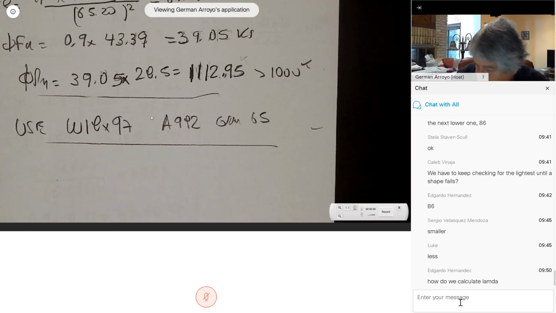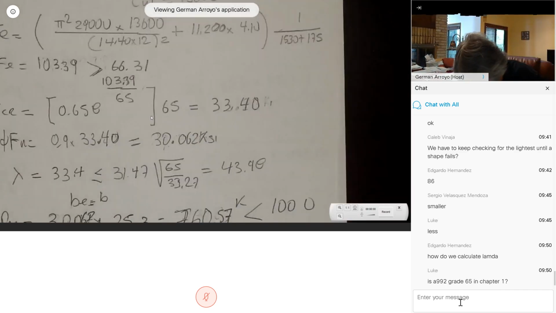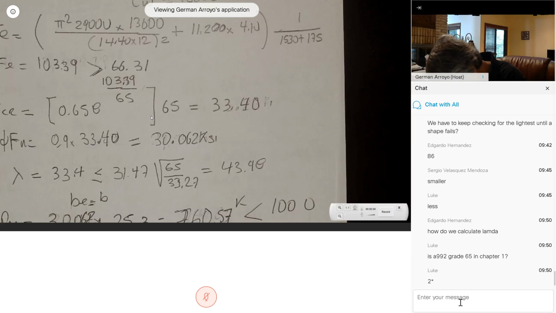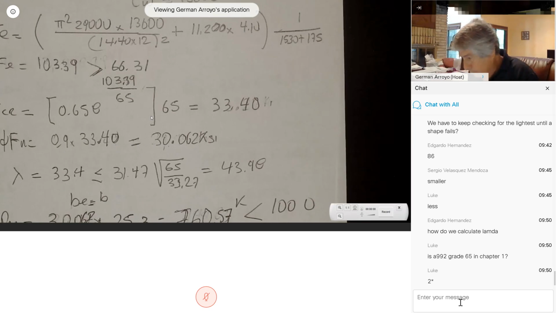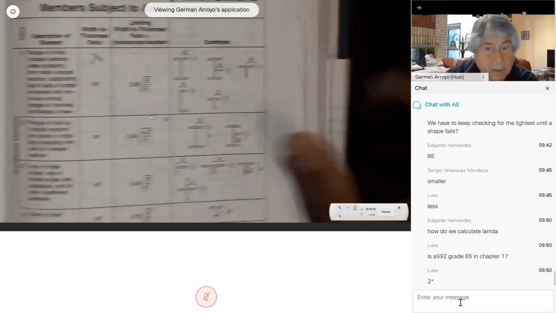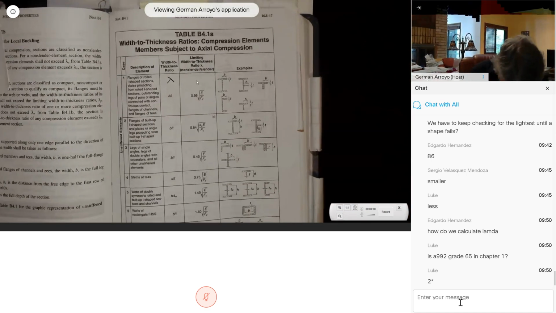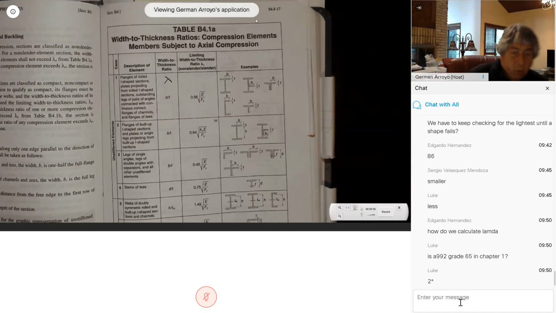Lambda. Okay. In chapter B, this is the table that we use for compression. What we have right now is compression.